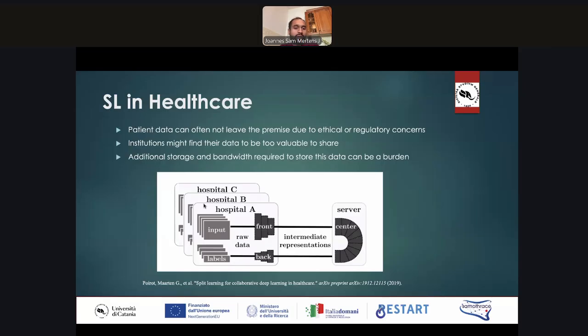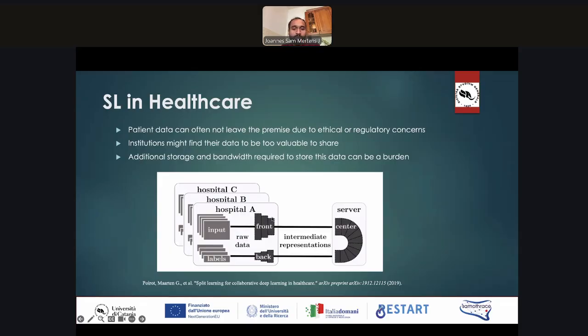So this is a hospital scenario. When you want to collaboratively train models between hospitals, so there are hospitals A, B, and C, the neural network is split. When you talk about convolutional neural networks or long short-term memory neural networks, the neural network is split between the hospitals and the servers, and you do not send the model parameters, you do not send the raw data, you send only the intermediate representations, meaning only the activation functions.